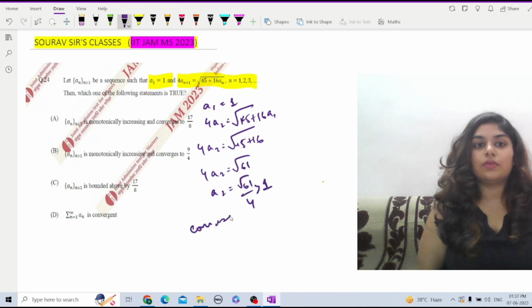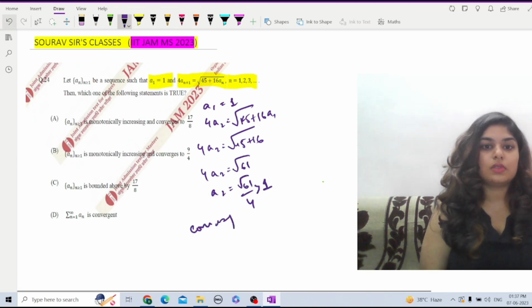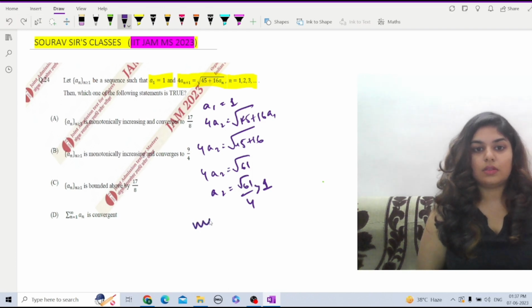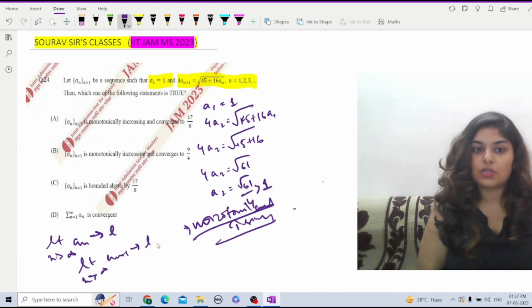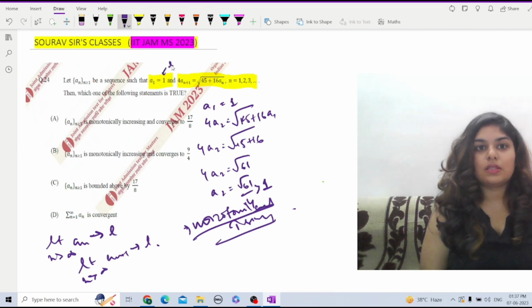So this is convergent, so this is monotonically increasing. Now in the case of a monotonically increasing function, we know that the limit as n tends to infinity of a_n tends to L. Also the limit as n tends to infinity of a_{n+1} tends to L. That means this is L, this is L.